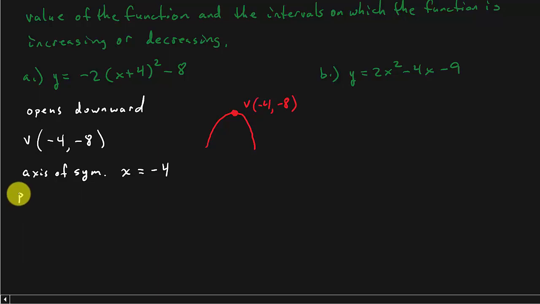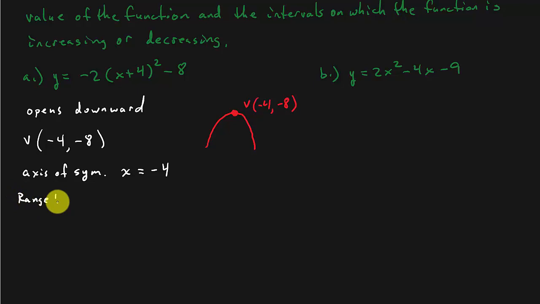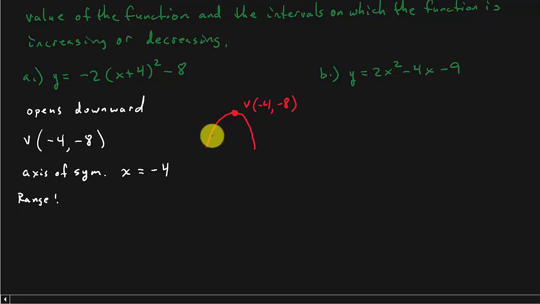So the range, okay, remember the domain, that's all the x values that the graph covers. And we know that if we have a parabola, it's going to hit all the x values. The domain of a quadratic function is negative infinity to positive infinity. Now, I don't know if I said range earlier. If I did, I'm sorry.